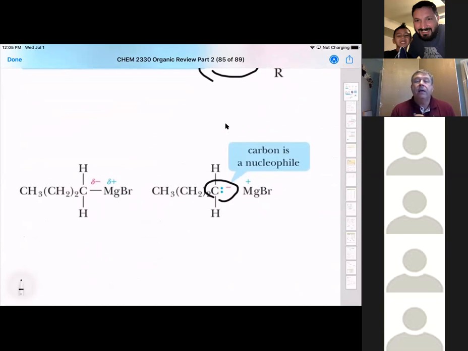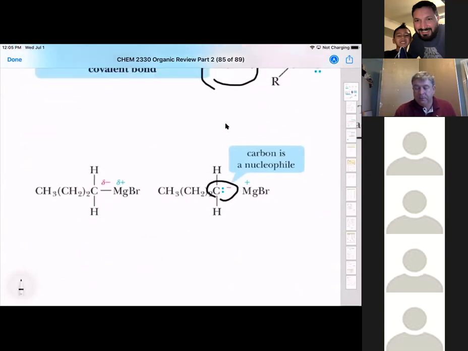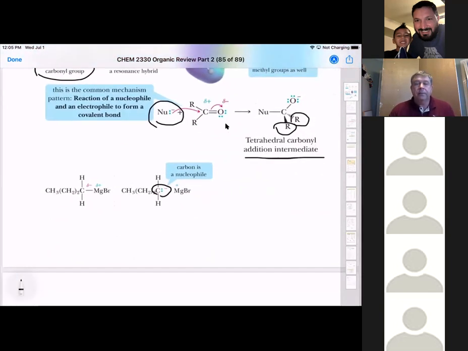If we attack formaldehyde with this, we can make a primary alcohol. And if we attack ketones with this, we can make a tertiary alcohol. That's one of the cool things about this new type of nucleophile that we didn't introduce earlier, but is introduced here in the carbonyl section.